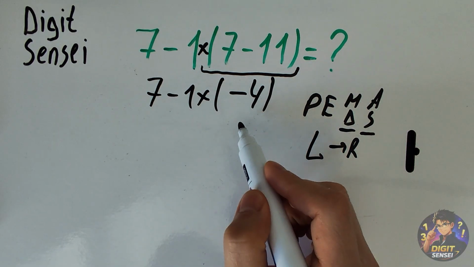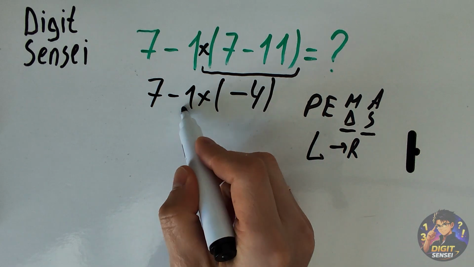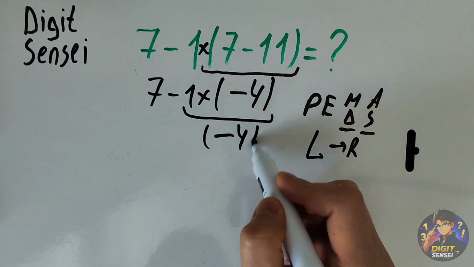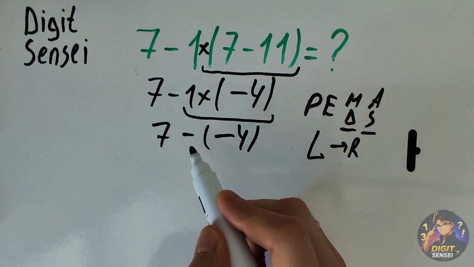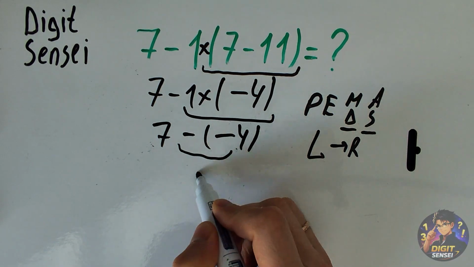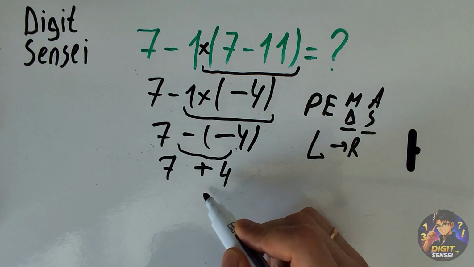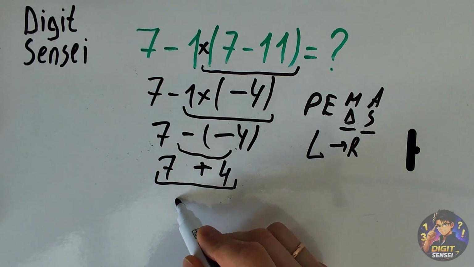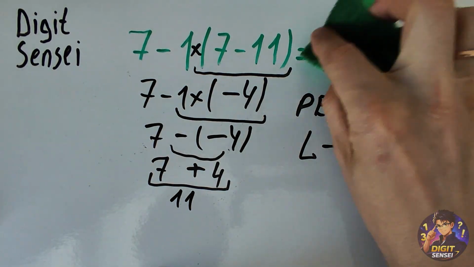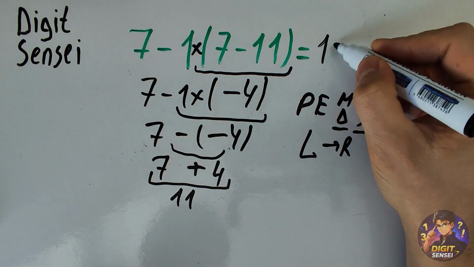So here, first we have to do this multiplication. 1 times negative 4 is just negative 4. So 7 minus negative 4. Negative times negative gives us positive. So 7 plus 4, which equals 11. And this is our final answer to this problem. The correct answer is 11.